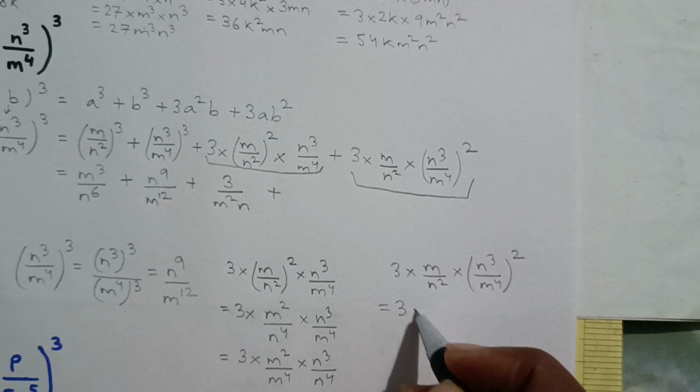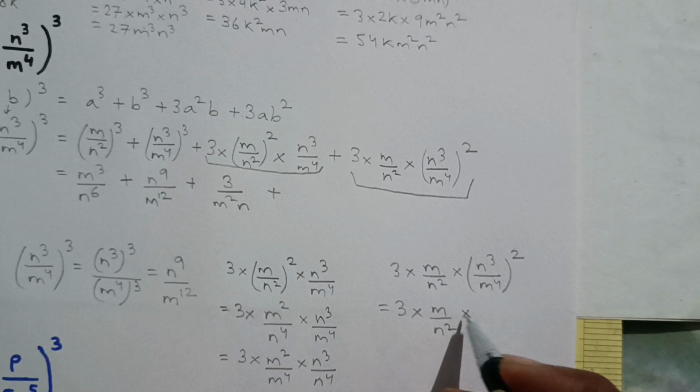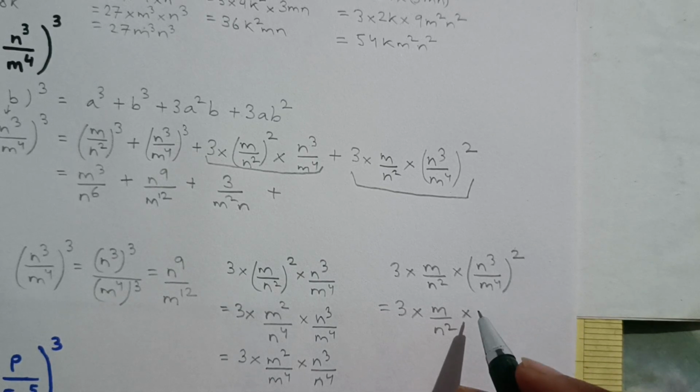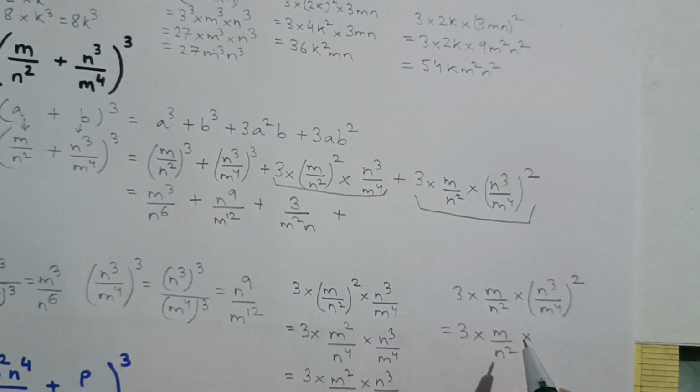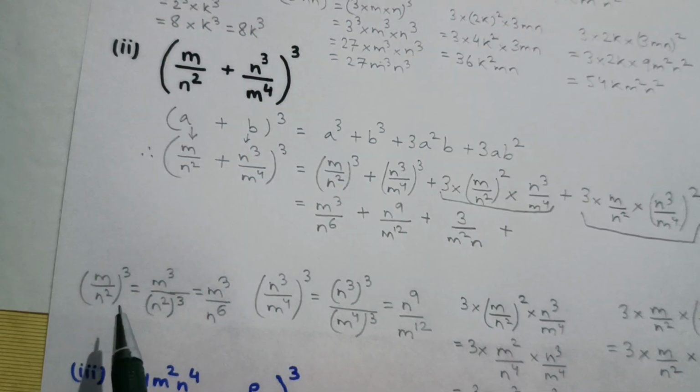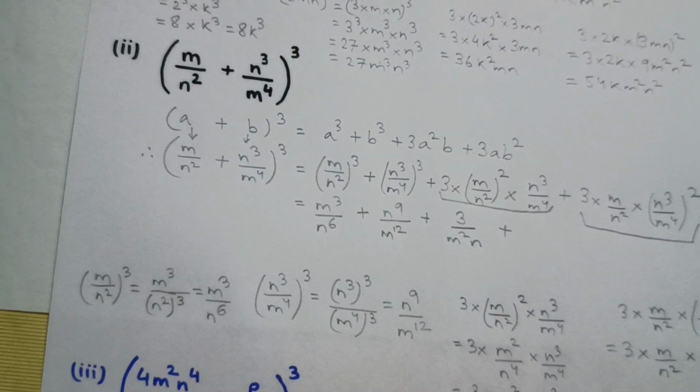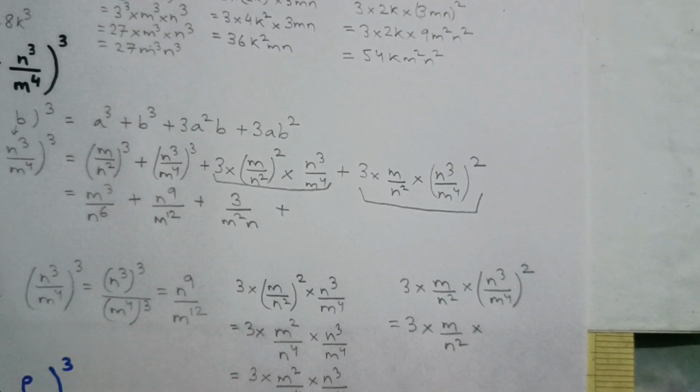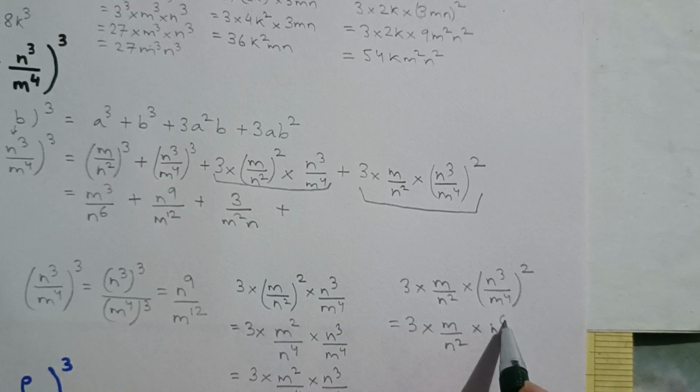If you solve it using the technique that we have done for these two expressions, n cube upon m to the power 4 whole square will become n to the power 6 upon m to the power 8.